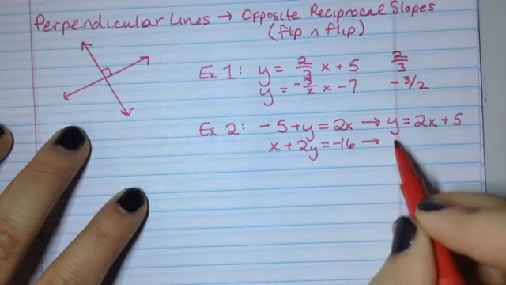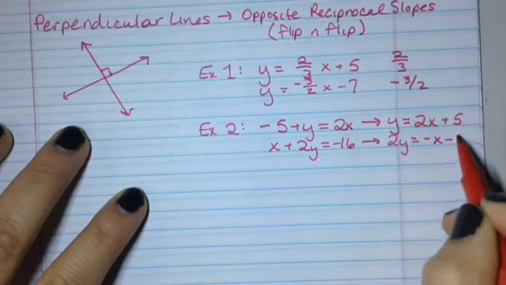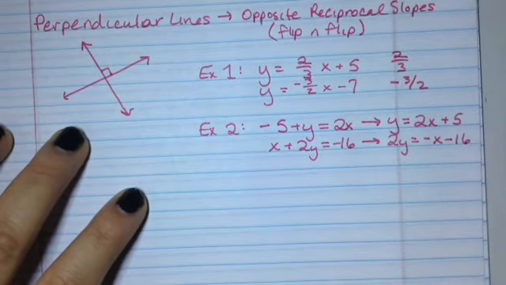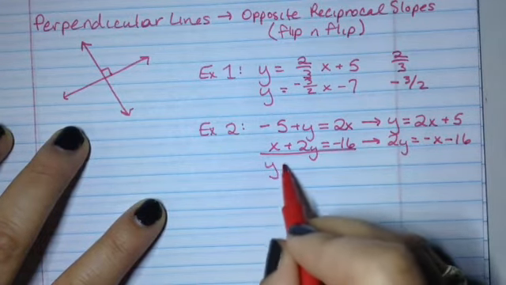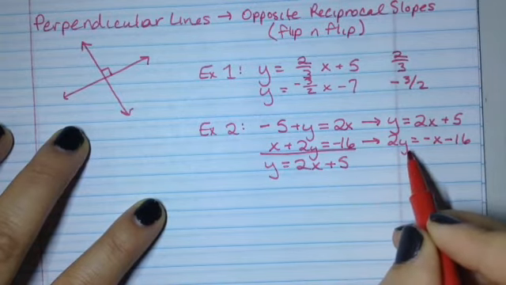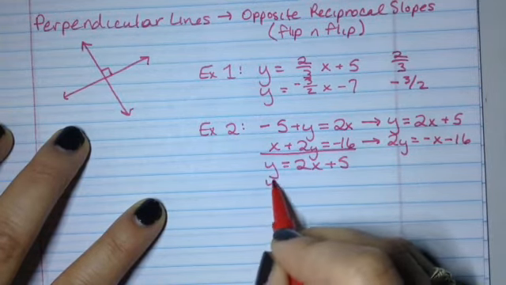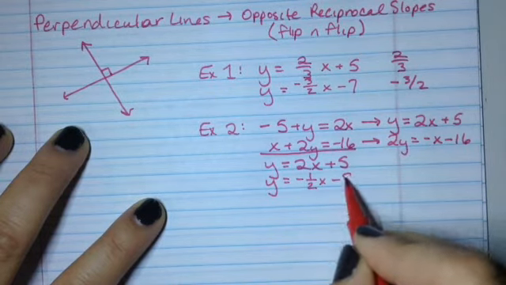We need to move the x in this one. This would be 2y equal to negative x minus 16. First one, we don't have to divide by anything. The coefficient is 1. So if we divided by 1, nothing would change, so we're just going to leave it. The second one, we need to divide by a 2. So if we divide by 2 in each term, we'd have negative 1/2 x minus 8.